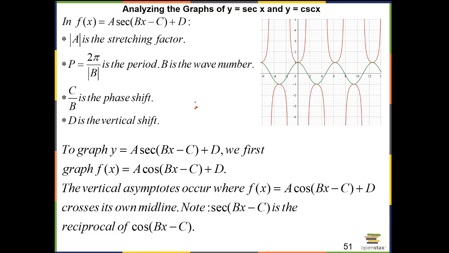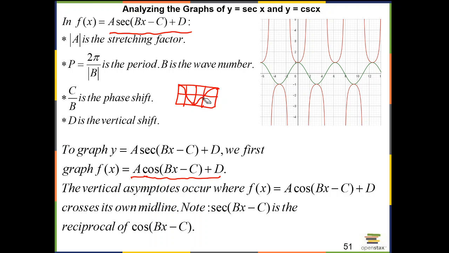All right, so now that we got all of these under control, we are going to actually graph one. So secant, we do the same thing. If you want to graph secant, we graph cosine, right? So we're going to graph cosine, a cosine bx minus c plus d, just like I just did for sine. So you're going to end up with a cosine rectangle. Then you're going to get something like this, right?